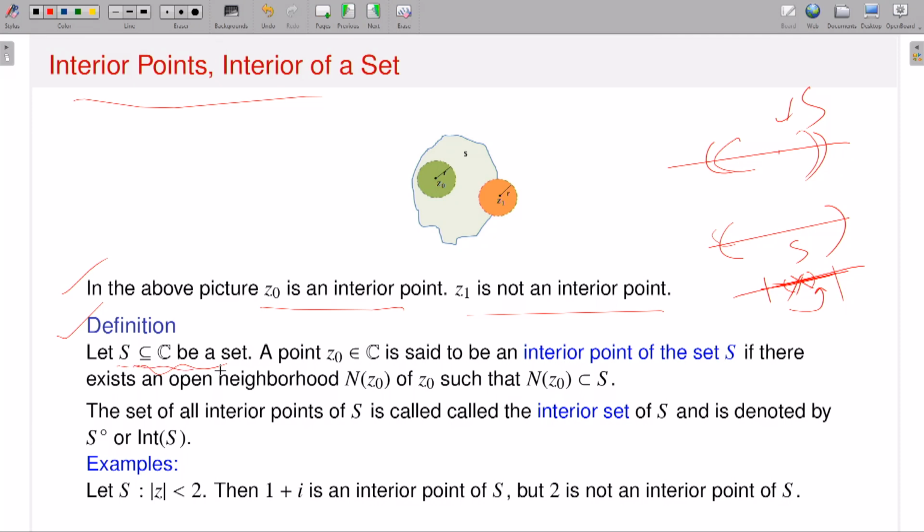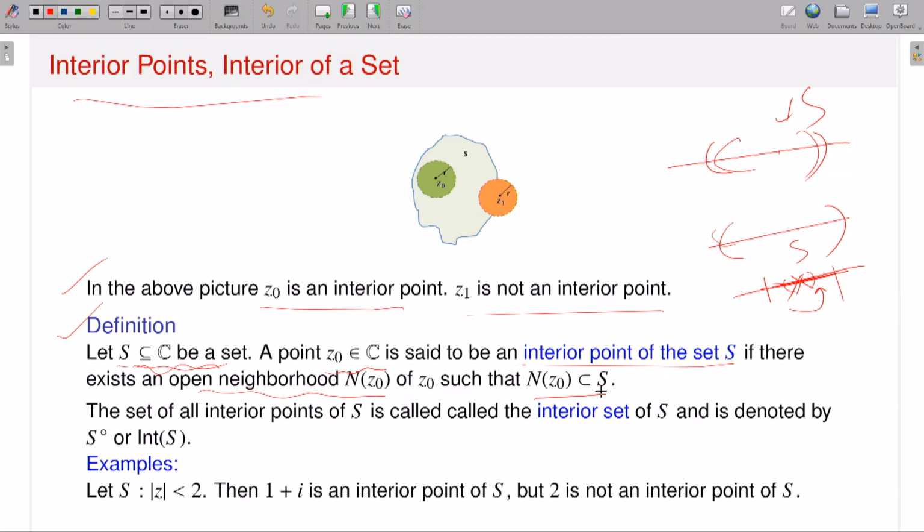So if I have a set A, a subset of C, a point z naught in C is said to be an interior point of the set if there exists an open neighborhood, which I already discussed. That is, an open ball with center z naught and some radius r which is fully contained in that set. If a point z naught in C satisfies these properties, then I will say that this point is an interior point.